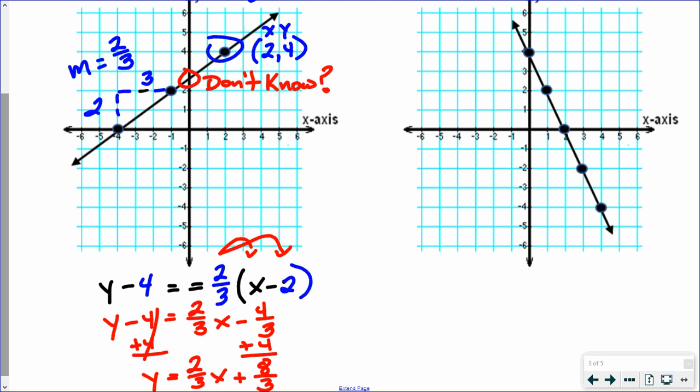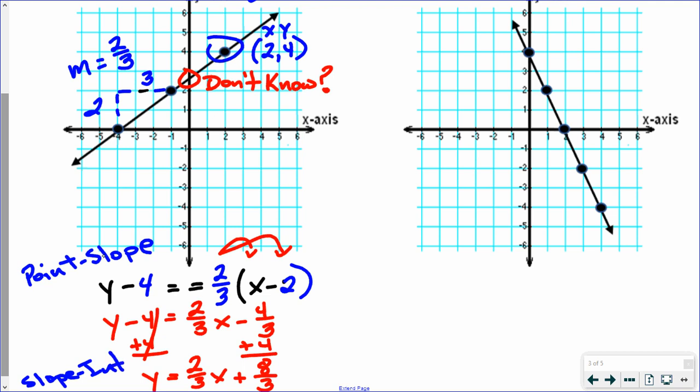Yep, it's 8/3. So this is your answer in point slope form. And this is your answer in slope-intercept form.